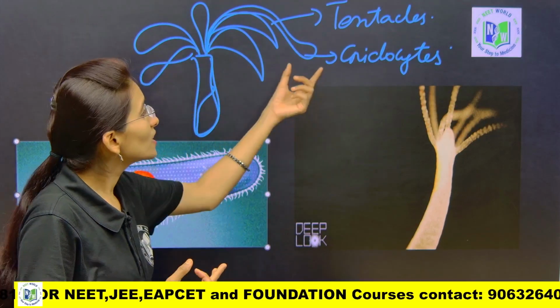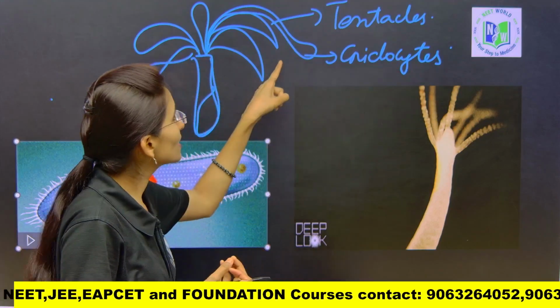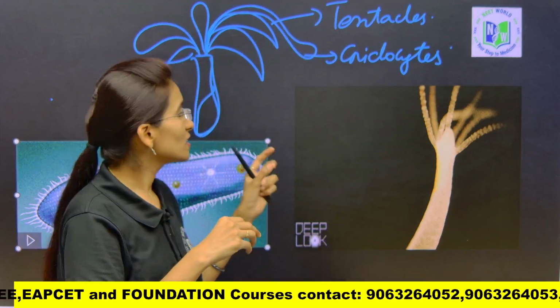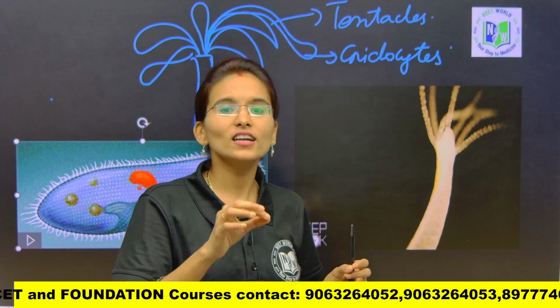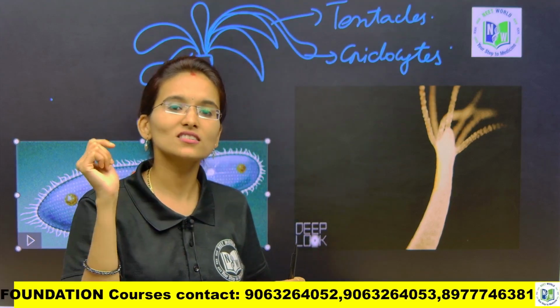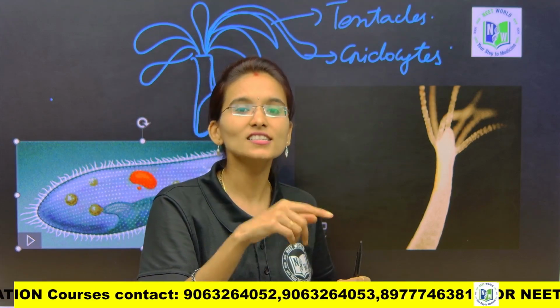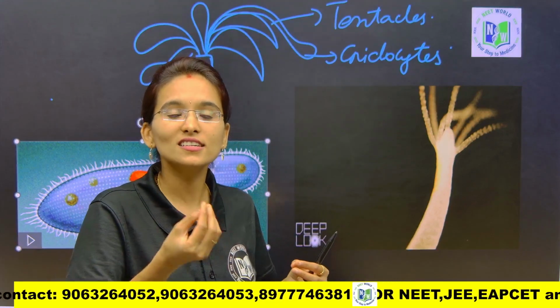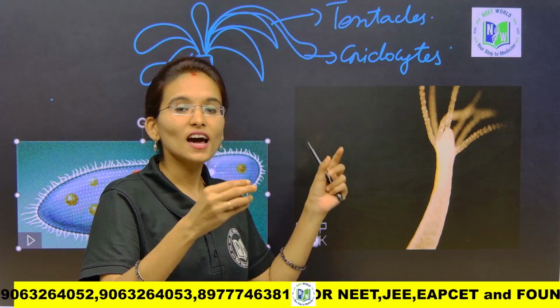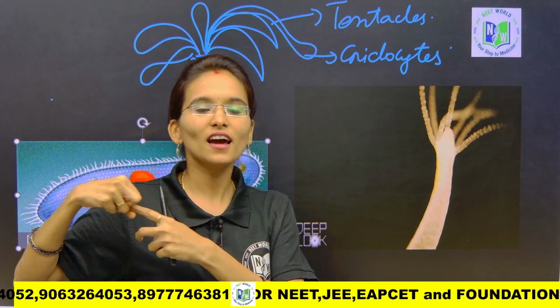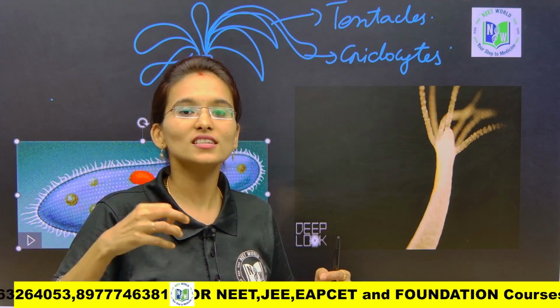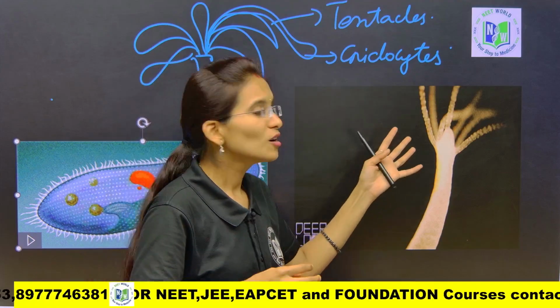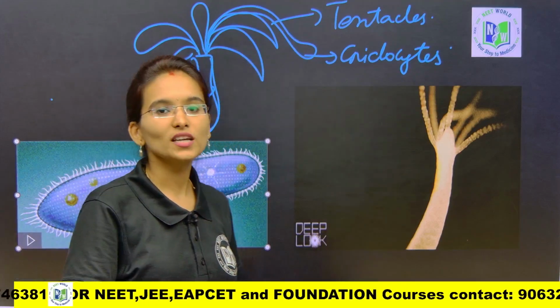When this organism finds any prey or insect in front of it, it immediately pushes out the tentacles and the tentacles release the toxins. The tentacles release the toxin and poison, and it easily captures the prey and grasps it. These are the very poisonous feeding organs which we can find in the hydra.